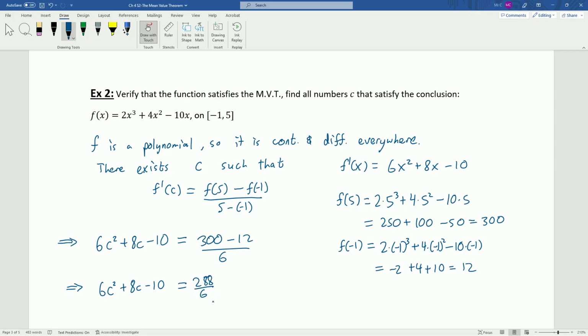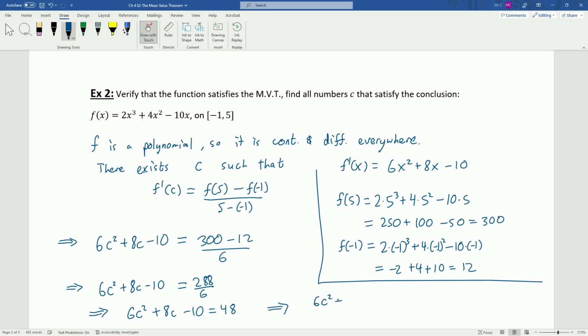Okay, and 288 divided by 6, what do we get there? 288 divided by 6 is 48. So we get 6c squared plus 8c minus 10 equals 48. So now if I subtract 48, I get 6c squared plus 8c minus 58 equals 0.